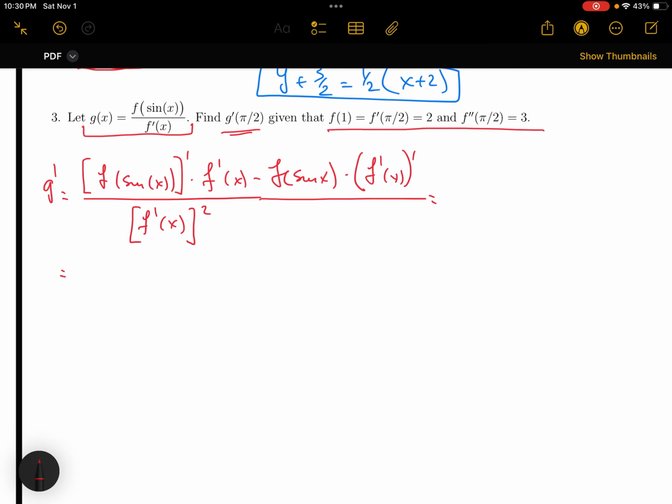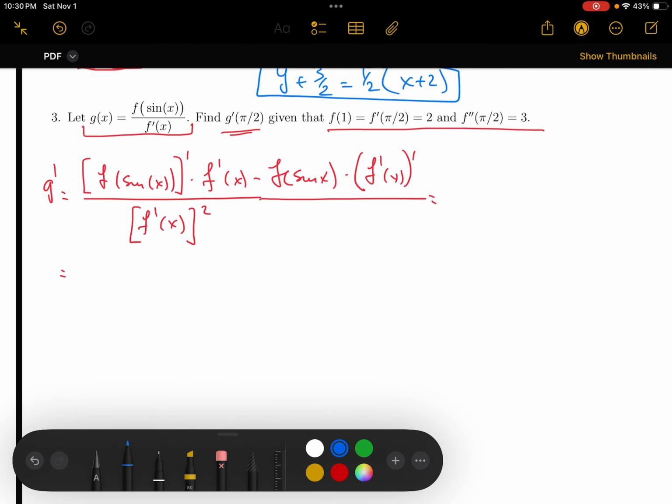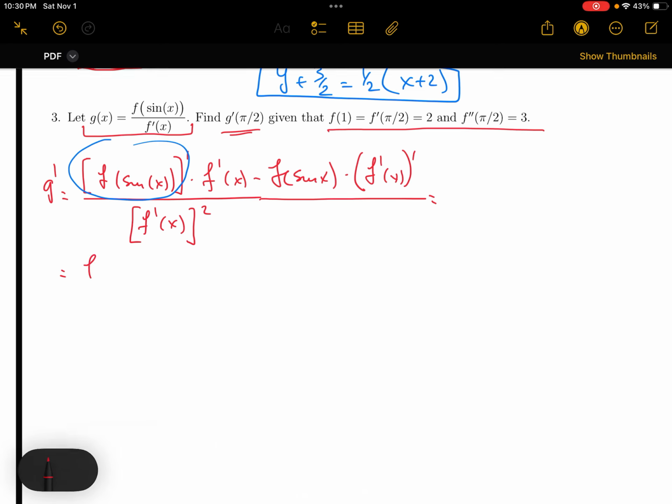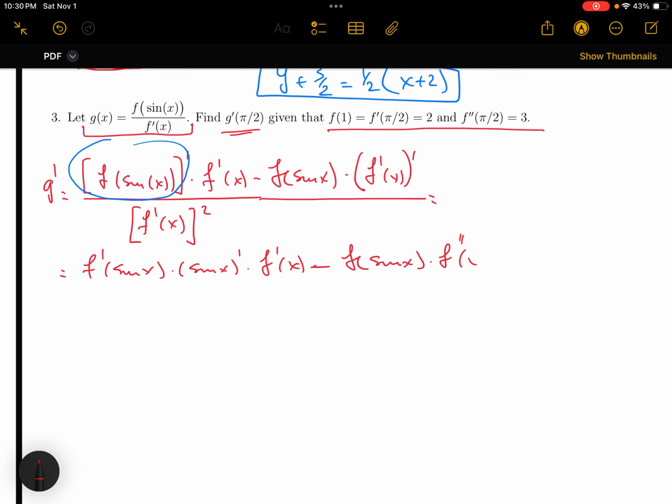Okay, so let's see what we have. In order to find this derivative, right here, I have to use the chain rule. So there's going to be f prime of sine of x times the derivative of the inner function, the derivative of sine of x, times f prime of x, minus f of sine of x times the derivative of f prime, which is simply the second derivative of the function, over f prime of x squared.